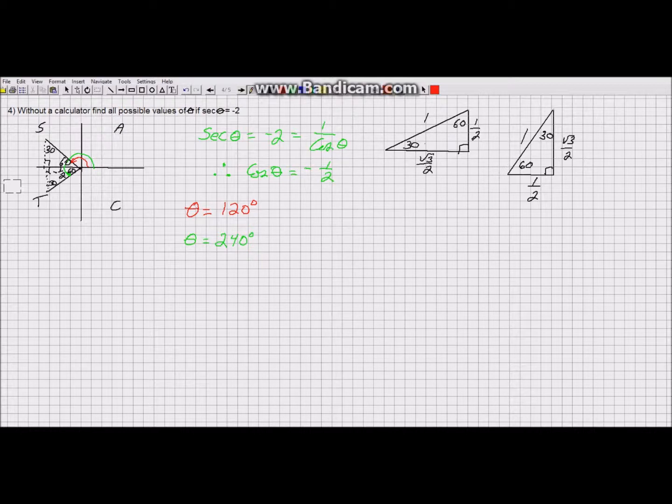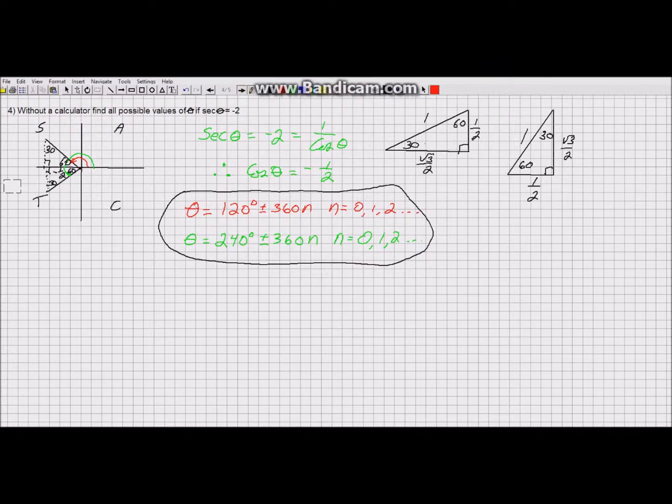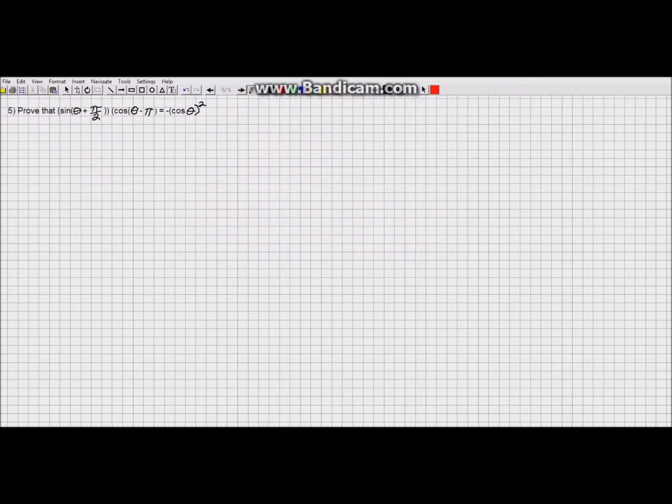Remember, I want all possible values of theta, so I add plus or minus 360n to each equation where n is equal to 0, 1, 2, 3, etc. This allows me to take into account if I'm circling the origin several times before stopping at my angle. Both of these answers, 120 plus or minus 360n and 240 plus or minus 360n, are the correct answer, and I have to supply both of those.